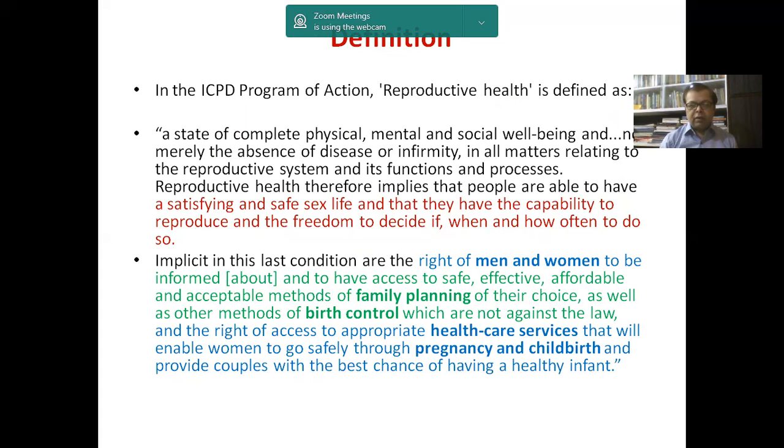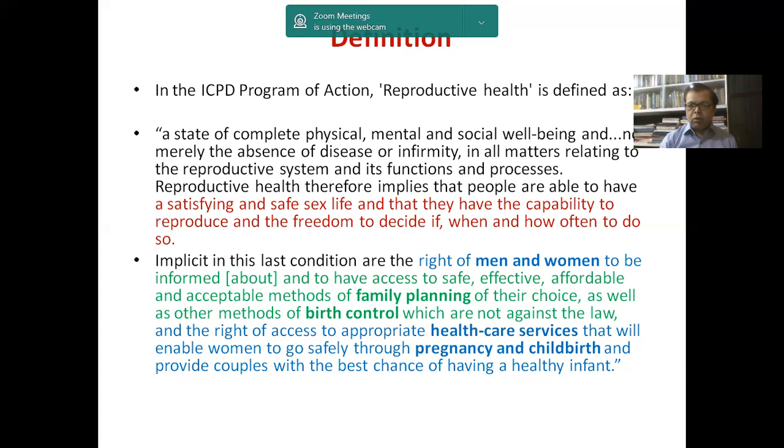So this definition, as proposed during the ICPD conference, is very straightforward, talking about the safe sex life, and then the capability to reproduce, and then the freedom to decide when and how often to do so. So the freedom to decide.